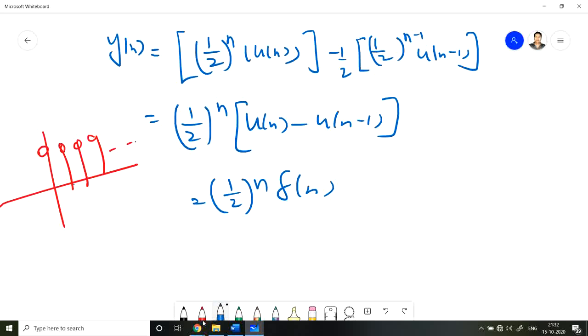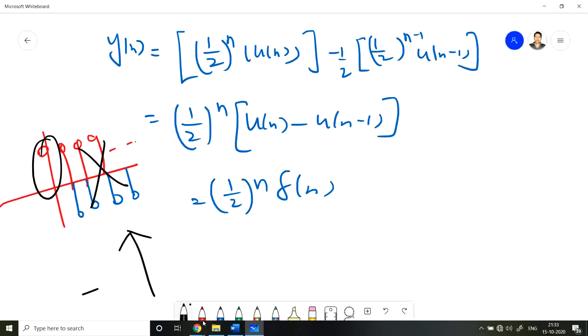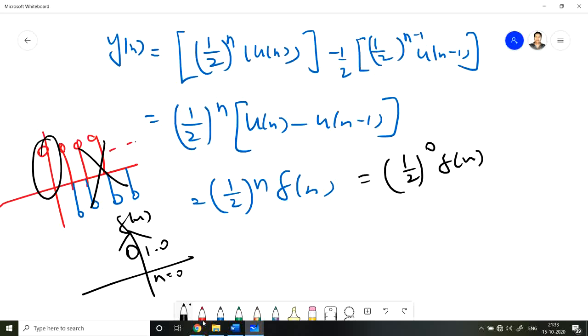So all these things will cancel out. So what will remain? Only the first point remains, at n equals 0. It is equal to 1. So it is nothing but del n. Now again applying the property here, we will get 1 by 2 raised to the power 0 into del n. It is del n only.